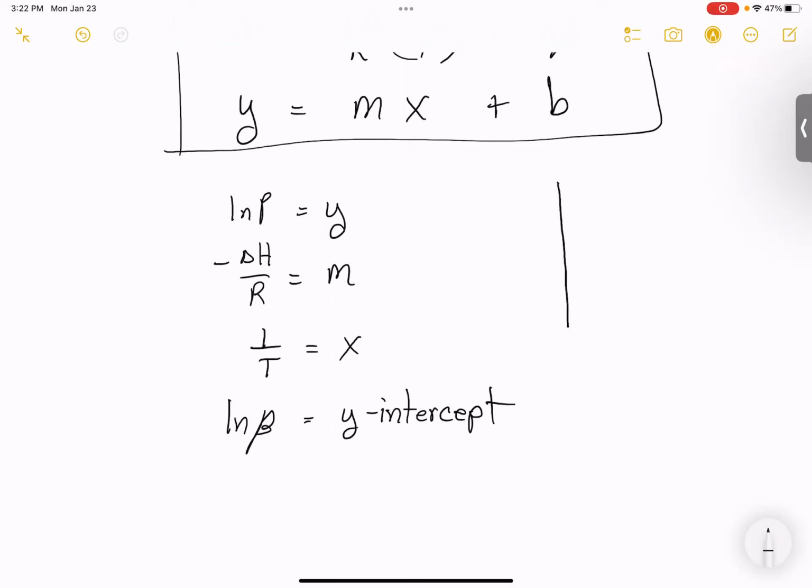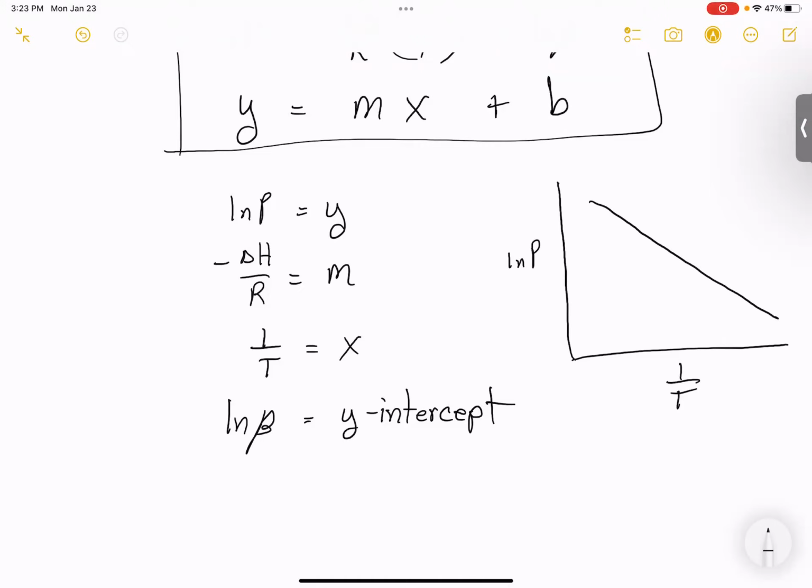And when you graph this, you're going to get a linear graph of y equals mx plus b. I always forget my directionality. Well, if it's a negative slope, it has to be down. When you graph natural log of P over 1 over T, you would get a linear line.